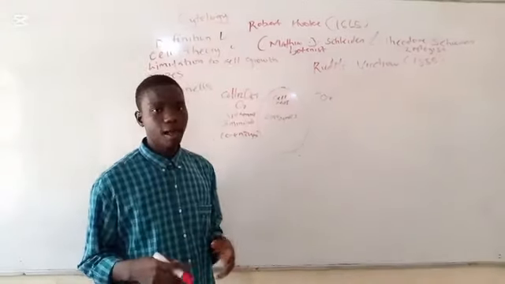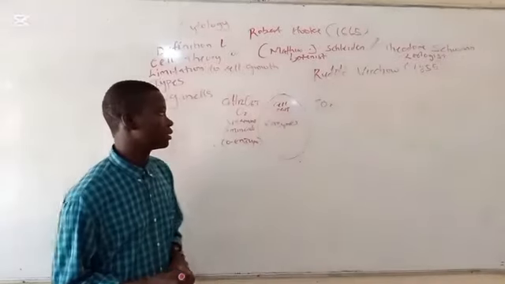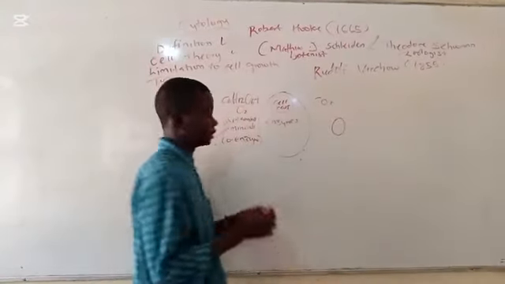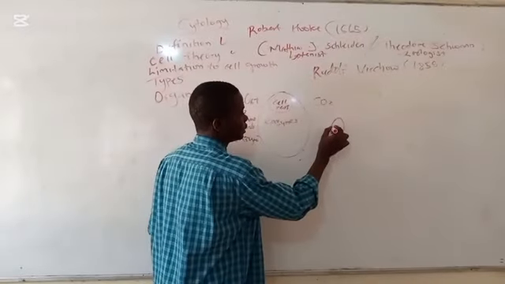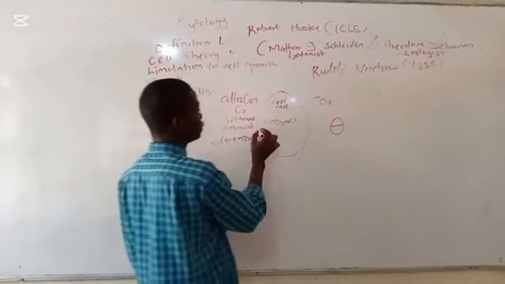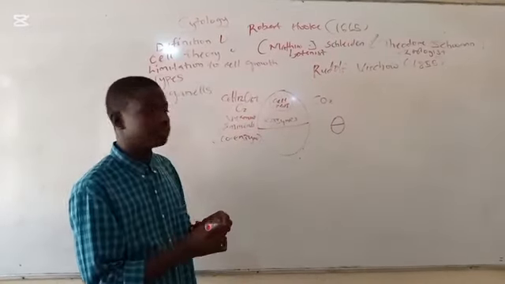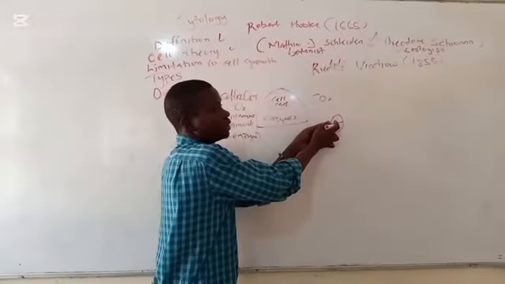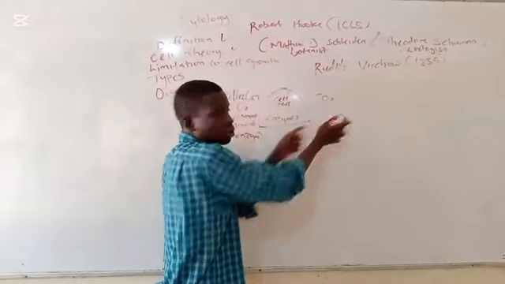And I want to use this scenario. Let's say, for instance, I have a circle like this, compared to this particular one. It will take me less time to move from this region to this region compared to this one.